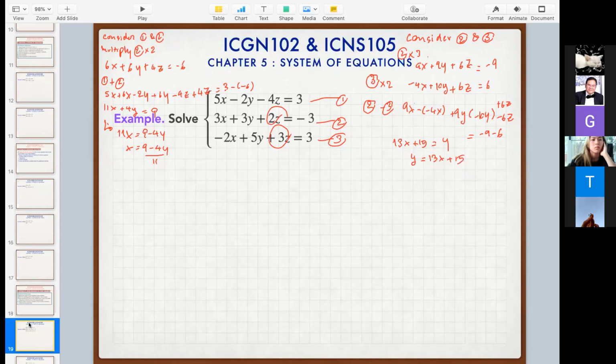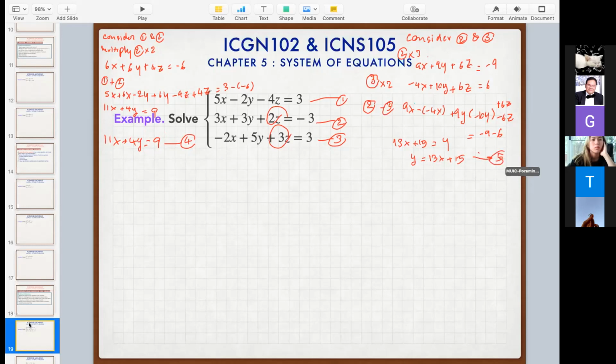Okay, in this one I actually don't have to do this, I just leave it as 11x plus 4y equals 9. That is enough. This is equation 4, and this one is equation 5.